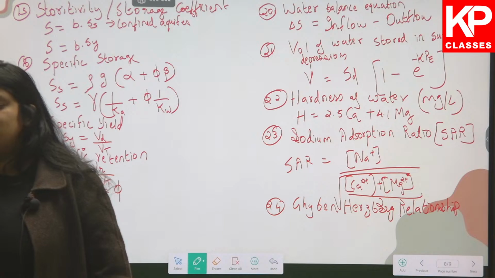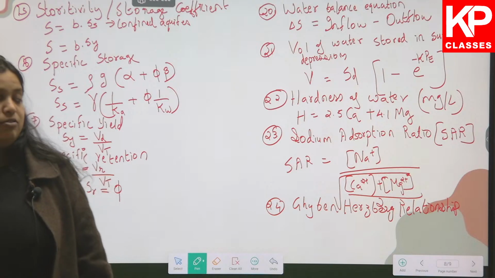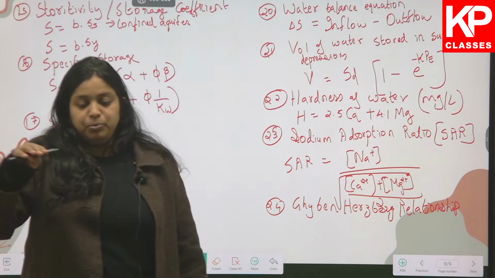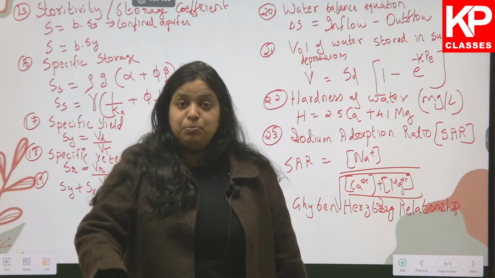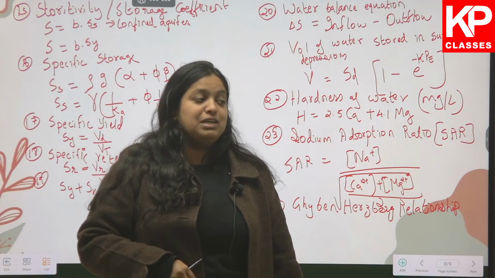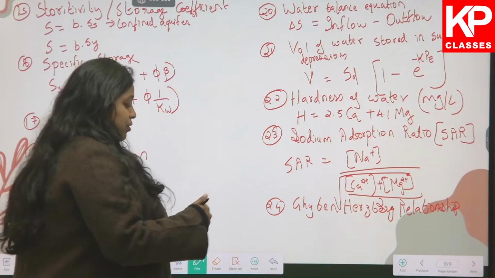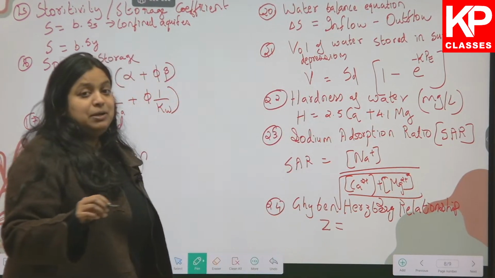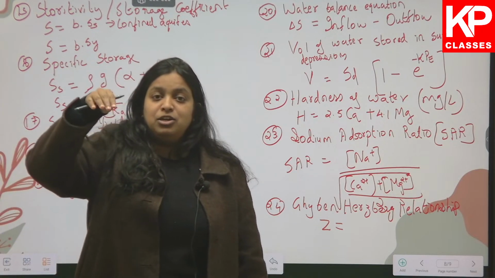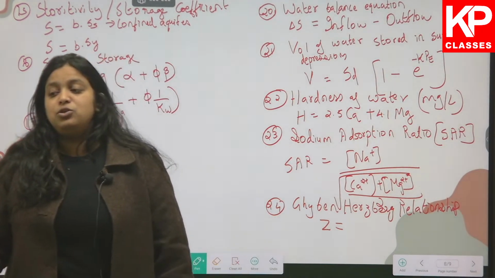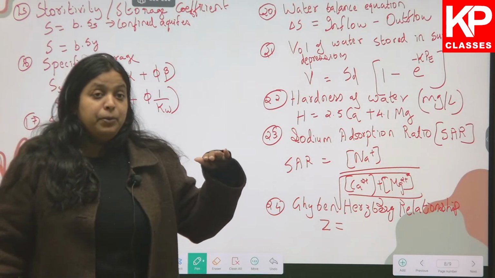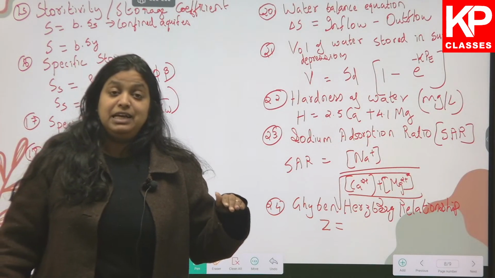That depth to which intrusion takes place, from the datum plane or from the mean sea level, to what depth the saltwater intrusion has happened, is notated by the letter Z. Z defines the depth below mean sea level at which the saltwater and freshwater interface exists.